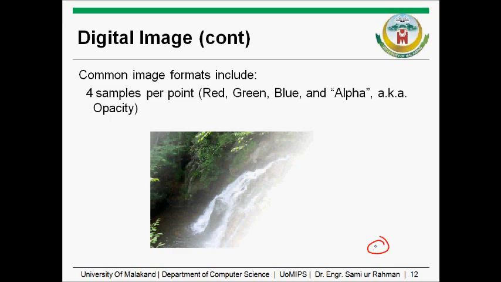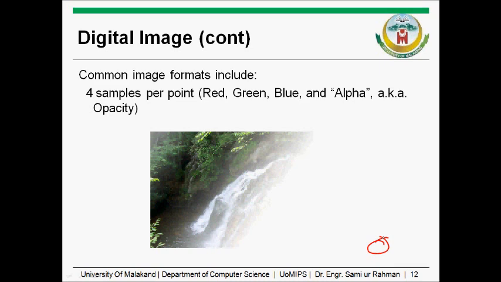So for each pixel, you have the RGB value, and another value is for opacity. What can be the suitable word for opacity? Transparency, exactly. So the fourth value is transparency, how transparent you want your image to be.